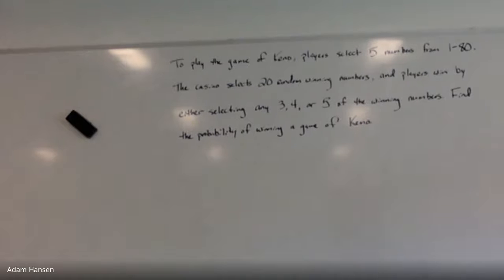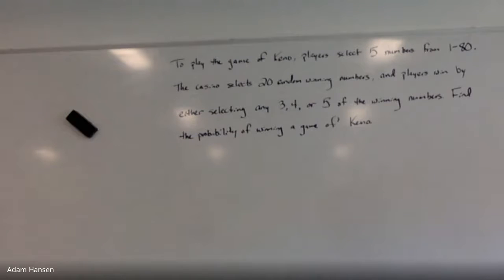The game of Keno at a casino is very similar. To play the game of Keno, players select 5 numbers from 1 through 80. They're going to pick any combination of 5 numbers. The casino selects 20 random winning numbers from 1 through 80.